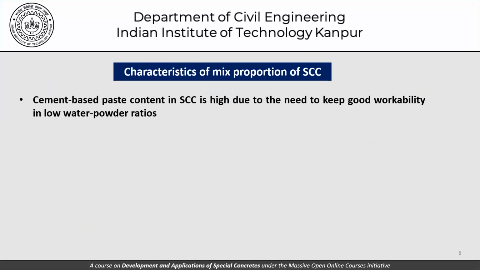As far as the characteristics of proportioning self-compacting concretes are concerned, cement-based paste content in self-compacting concretes is high due to the need to keep good workability at low water to powder ratios. That is, the powder content has to be high, the water content has to be low.